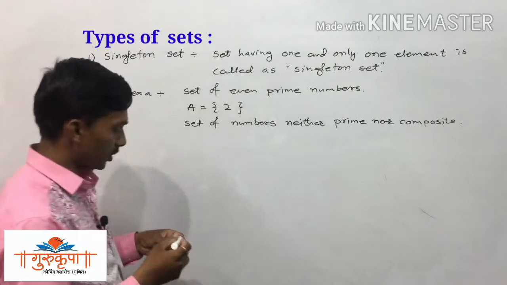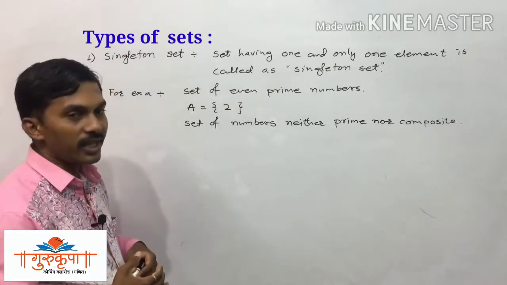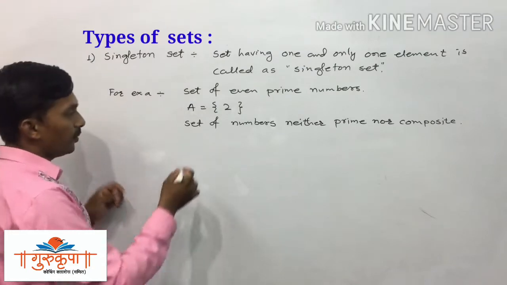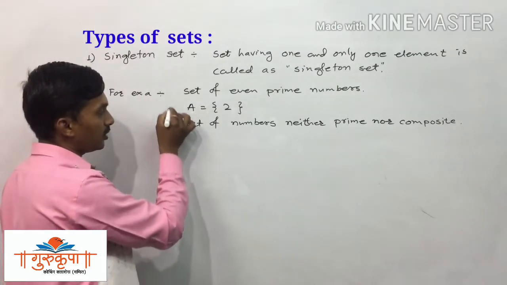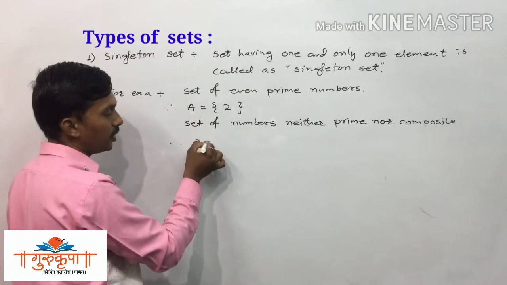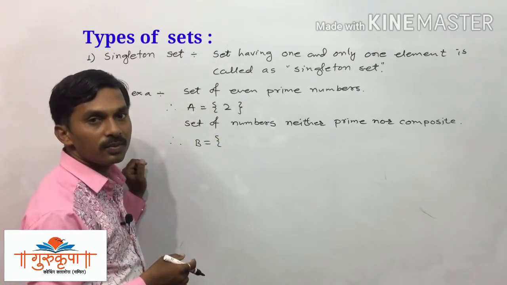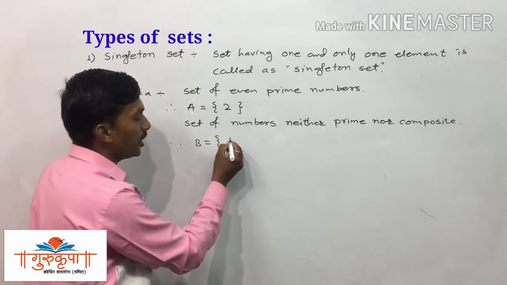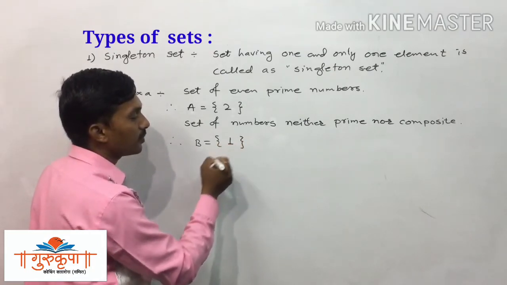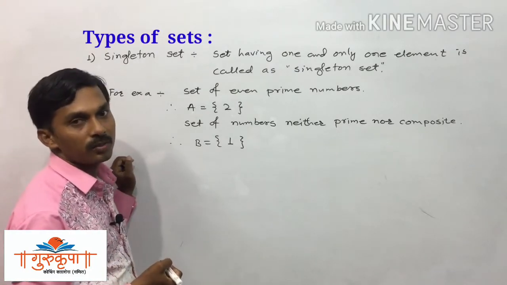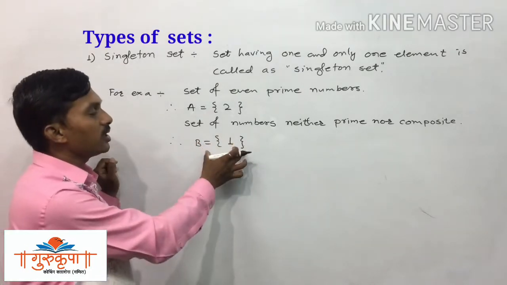B is equal to, in curly brackets, 1 only. 1 is the number which is neither prime nor composite, so it is called a singleton set.